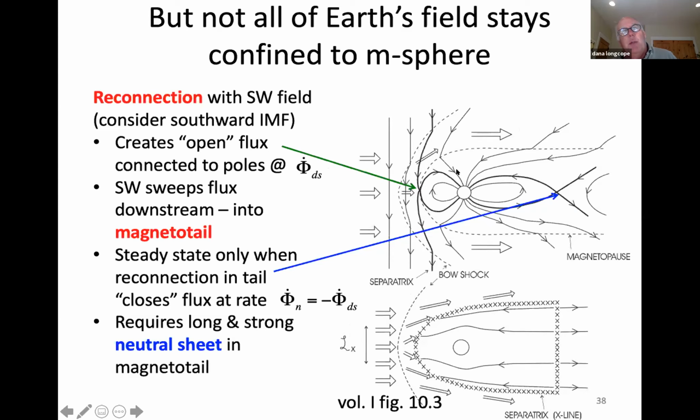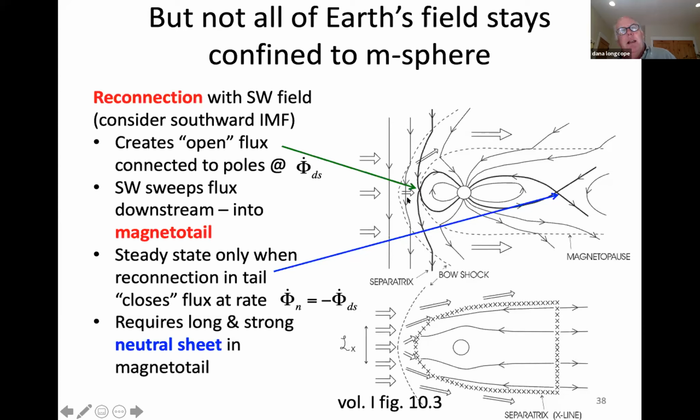And the other thing that we have to acknowledge is not all of the magnetic field from the Earth is closed in this way. It's not all participating in the deflection of the solar wind. And so there is a region that is open.